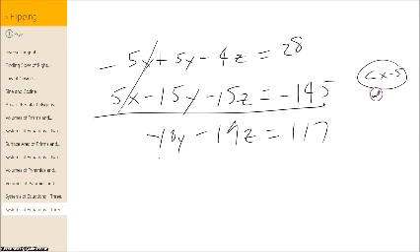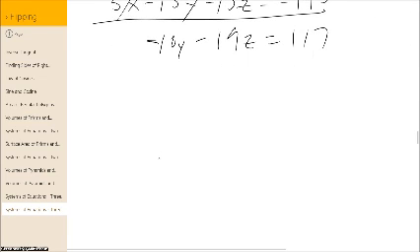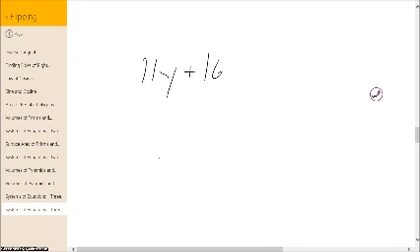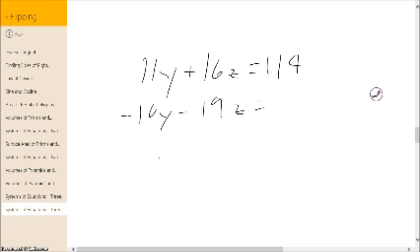All right, so the x's are gone. My new equations now are 11y plus 16z equals 114 and negative 10y minus 19z equals 117. Now I want to knock out something here. The best candidate looks to be the y's, because this 16 and 19 is kind of messy.